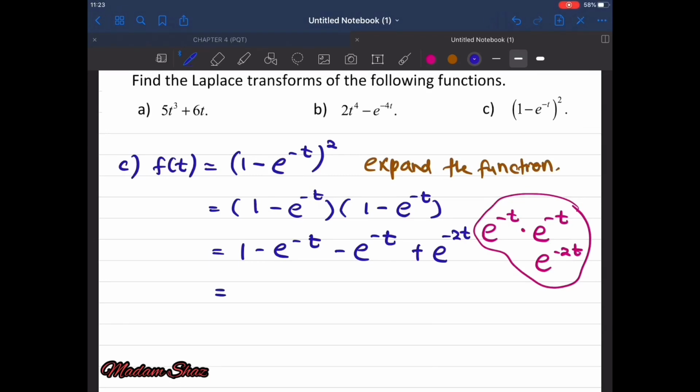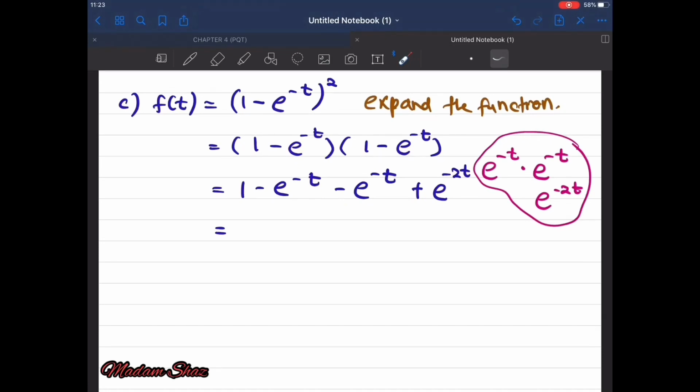If you have anything that you can simplify, you have to simplify, which is negative e to the power of negative t minus e to the power of negative t. Here it will become negative 2 e to the power of negative t. So we have 1 minus 2e to the power of negative t plus e to the power of negative 2t.